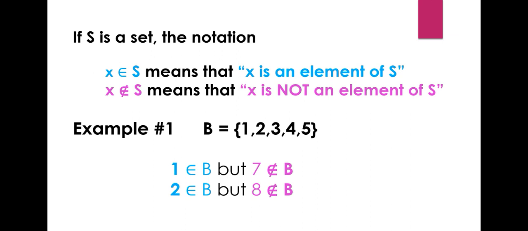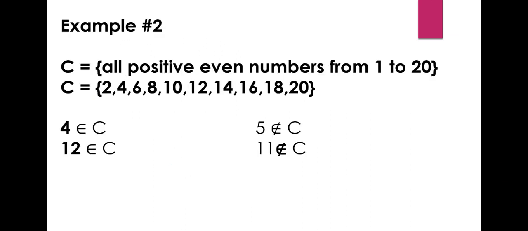Same as number 2, since number 2 ay kasama sa set B, that means 2 is an element of B. But since si 8 ay wala, 8 is not an element of B. So, another example, when we say C is all the positive even numbers from 1 to 20, when we say even numbers, these are the numbers that can be divided by 2, diba? Let's say 2, 4, 6, 8, 10, 12, up to 20, kasi from 1 to 20 daw.